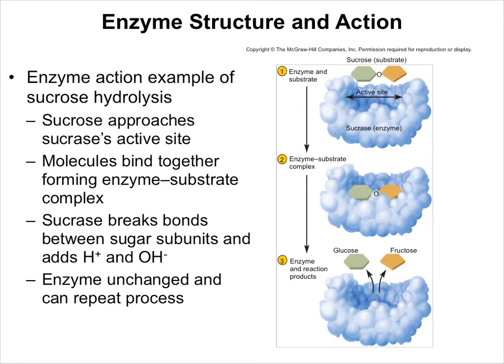So it's going to cut apart sucrose, the disaccharide, into glucose and fructose. The active site of the enzyme is going to be where the substrate binds to. So it's going to have a very specific three-dimensional shape, and that specific three-dimensional shape is going to fit the substrate kind of like a glove fits a hand.